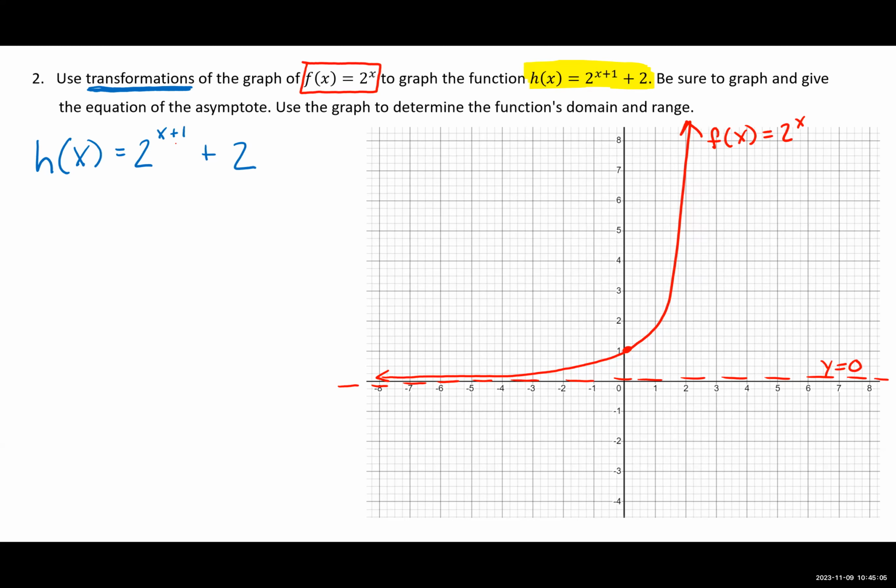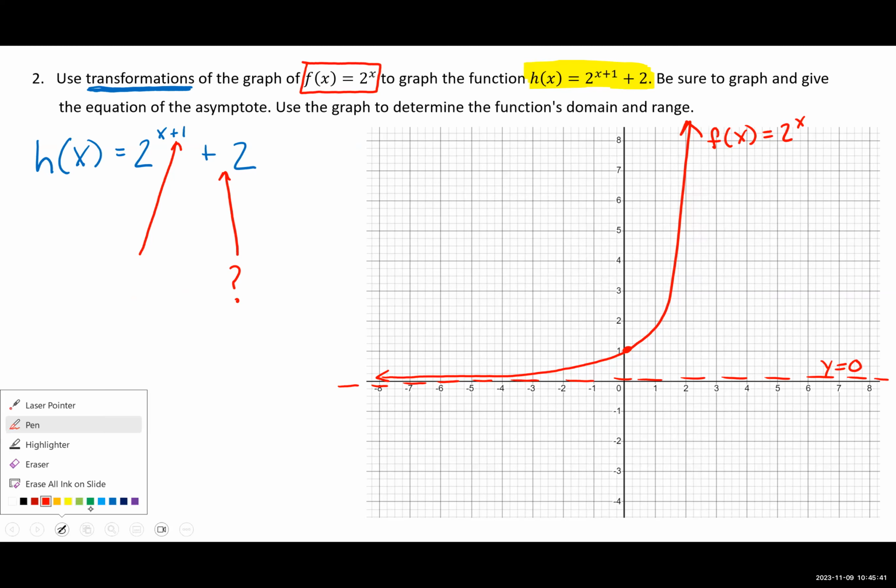So the question is, what does the plus 1 do? And also, what does the plus 2 do? If we know what those two things do, we could apply them to the graph of 2 to the x. Well, it looks like we have a horizontal shift and a vertical shift. Shifting is a result of addition and subtraction.